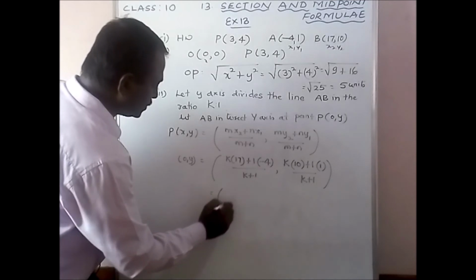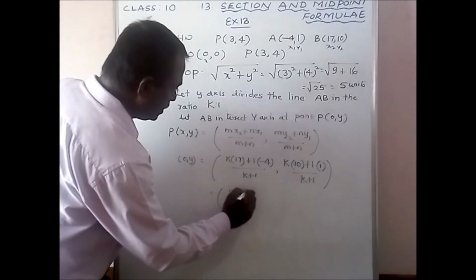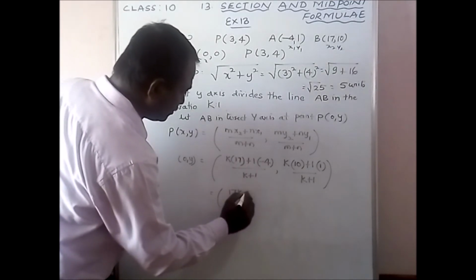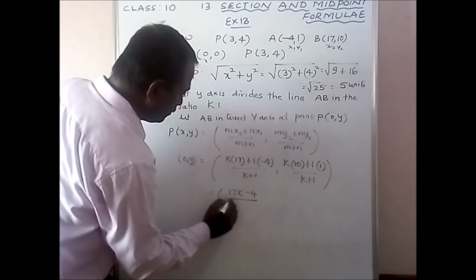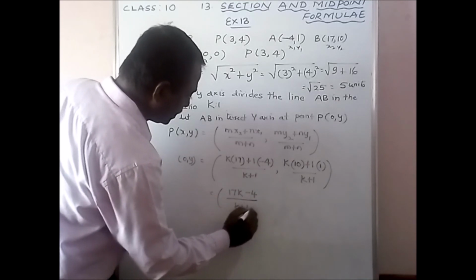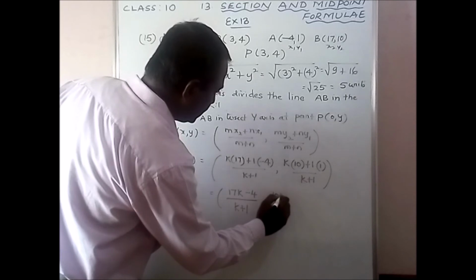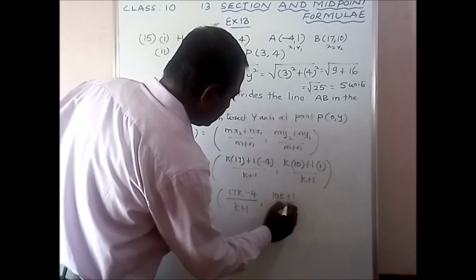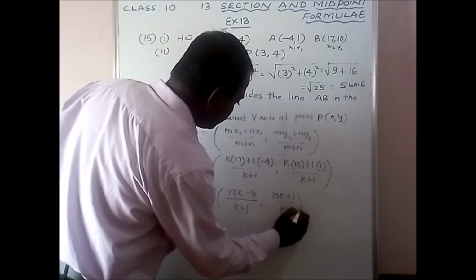So this is equal to (17k minus 4) by (k plus 1), and (10k plus 1) by (k plus 1).